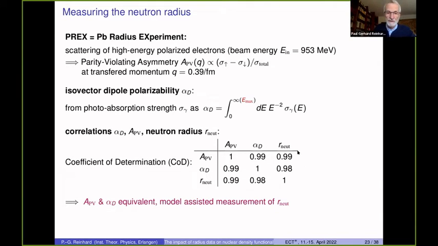And look at that. Here we have correlations of 99%, 98%, can't be better at the level of this analysis. That means measuring the parity violating asymmetry and the polarizability means measuring the neutron radius, however model assisted.